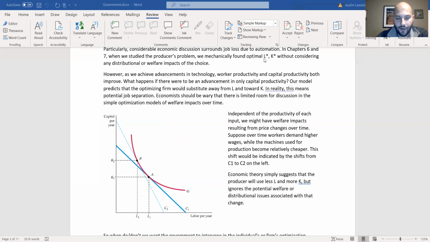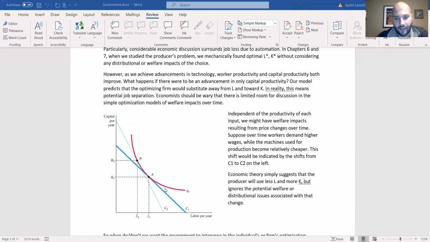So in our model, we just think, okay, suppose there have been some changes. Here's our original budget constraint and our optimal quantity isoquant at point A. Suppose that over time capital becomes a little bit less expensive, maybe because of updates to our computers and machines, but labor becomes relatively more expensive, maybe because of increases in wages.